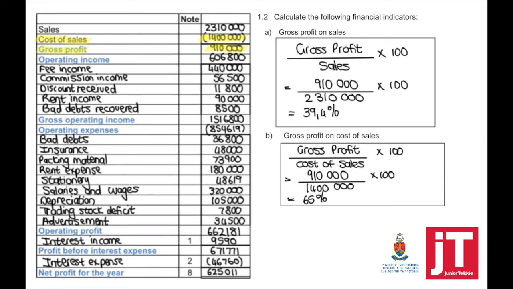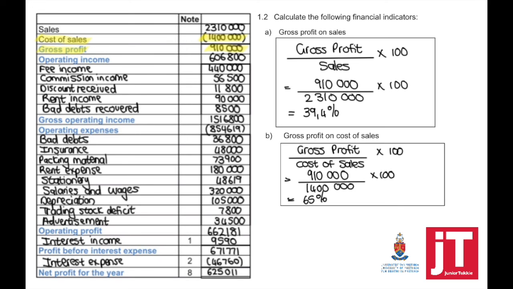To give you an idea when we're commenting on this, when we're looking at the gross profit on cost of sales, right in the beginning we said, we are provided with the information of Big Sky Traders for the year ended 31 March 2023. The business uses a markup of 70% on cost. So that is the aimed markup.